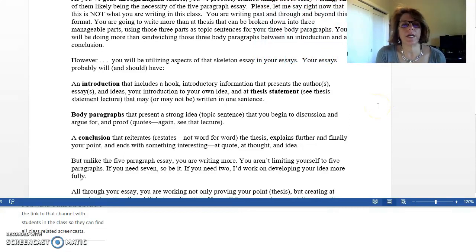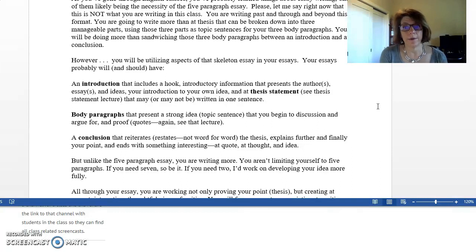Okay, so we need an introduction. And you have to do a number of things. This is true for any kind of writing. Even if you're writing a novel, you have to have something that introduces characters and hooks the reader in. In an essay, typically that's in the first paragraph. The introduction includes a hook, introductory information that presents what you're writing about, which is the author of the book, the poem, what have you.